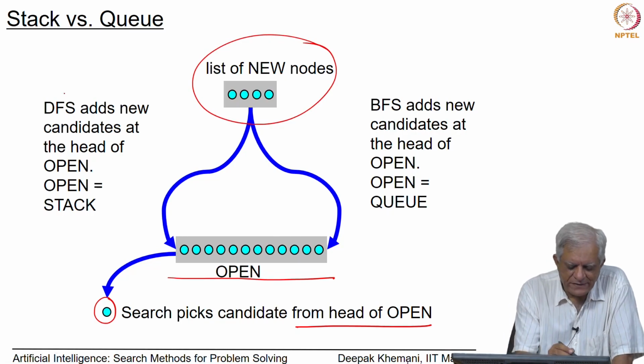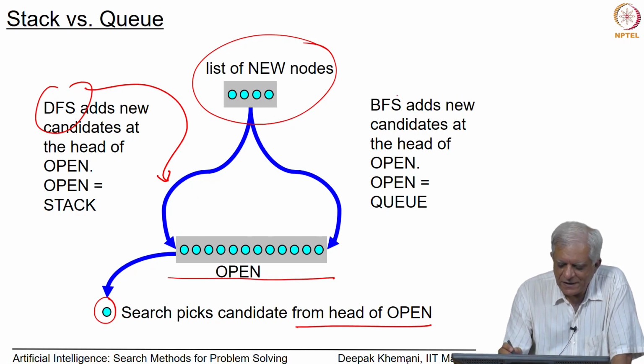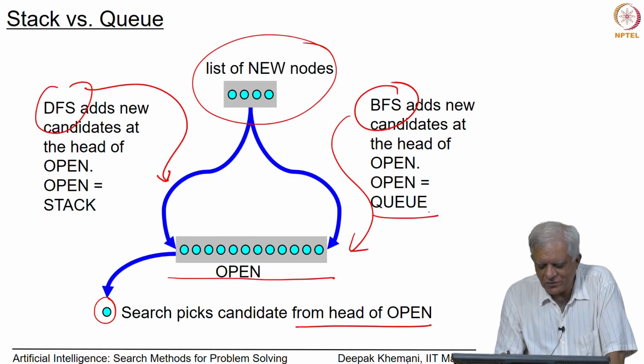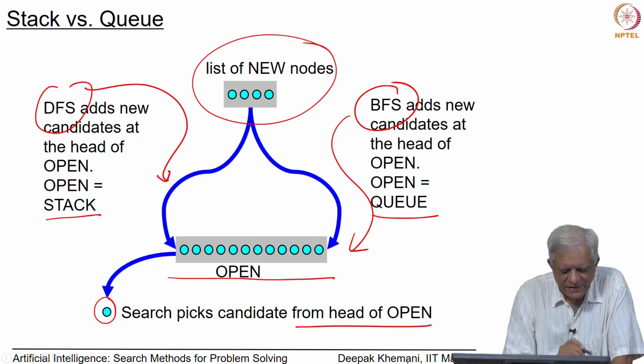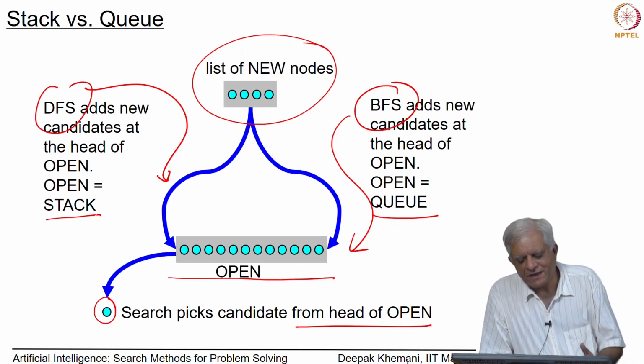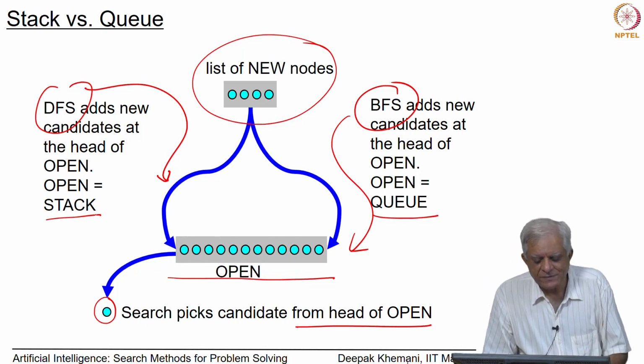What DFS does is add them to the head of open, and what BFS does is add them to the tail of open. So, open is like a queue for breadth first search and open is like a stack for depth first search, and consequently the behavior, and by behavior we mean in what order the search algorithm explores the space, is radically different.